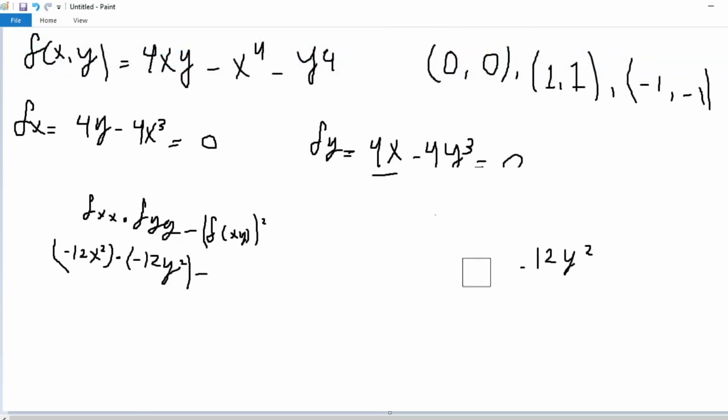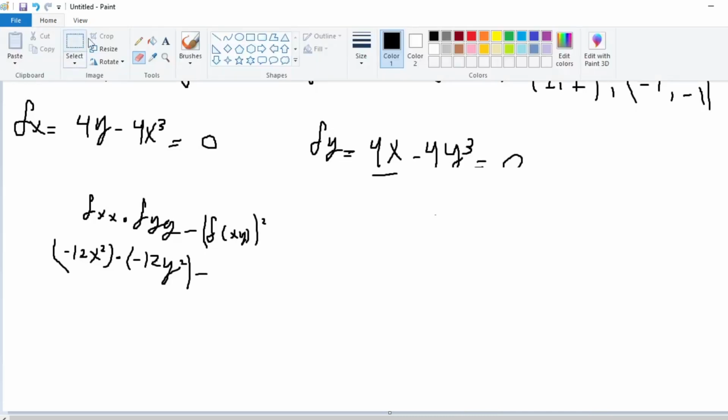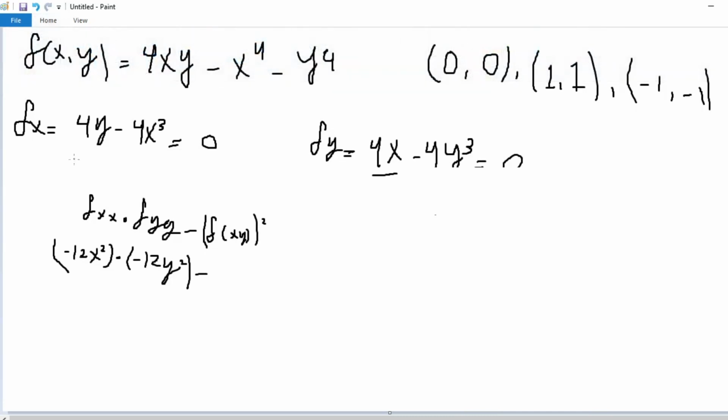We need to find f with respect to x, taking it with respect to y. So taking this equation with respect to y, it's going to give us 4, because I'm dealing with respect to y, so this x cube is going to be 0 and the 4y is going to be 4. So negative, and then 4, negative 4 squared. Okay, and let's delete those lines here.